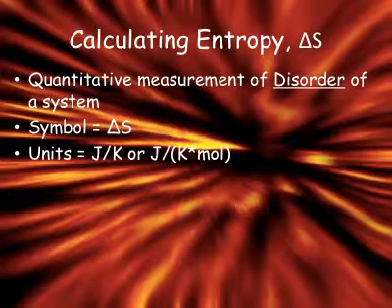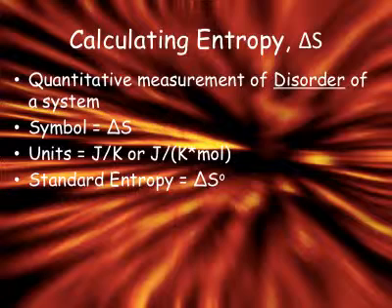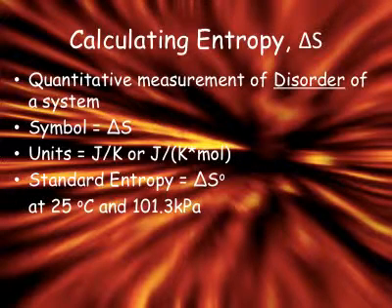Okay, when we're talking about standard entropy, just like when we talked about standard enthalpy, we put that little circle after the S, and that means standard conditions. Does anybody remember what the standard conditions are? 1 atmosphere, which is the same as 101.3 kPa. I want you guys to write that down. There are 3 different units for pressure.